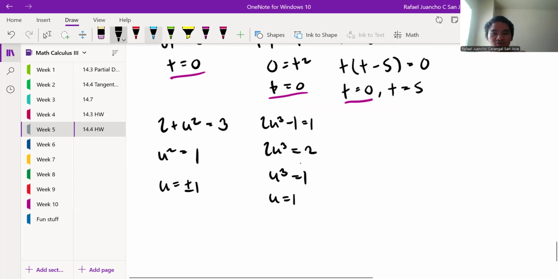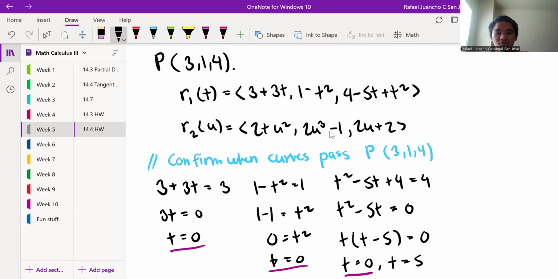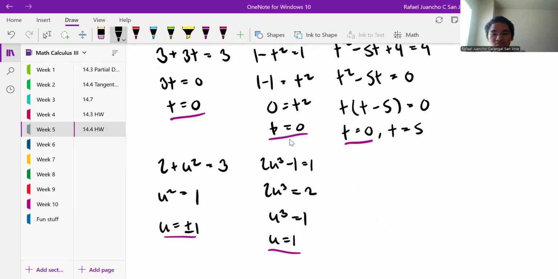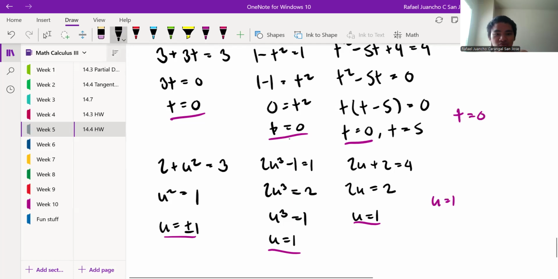So that works for here and here. And lastly, we have 2u plus 2 equals 4. We say 2u is equal to 2, so u is equal to 1. That's it. And so indeed, it does pass here at t equals 0 and here at u equals 1.